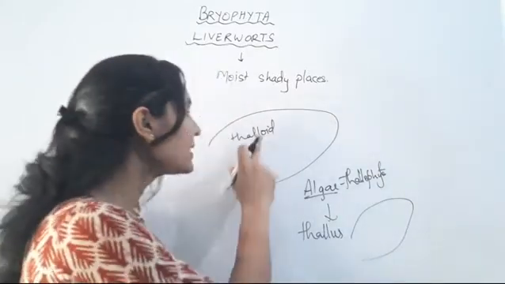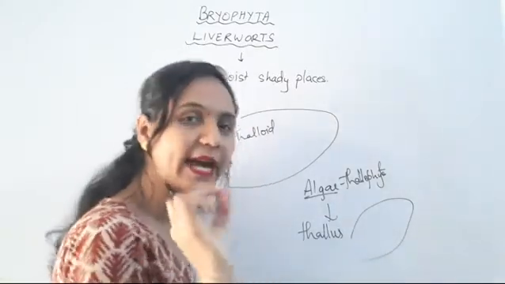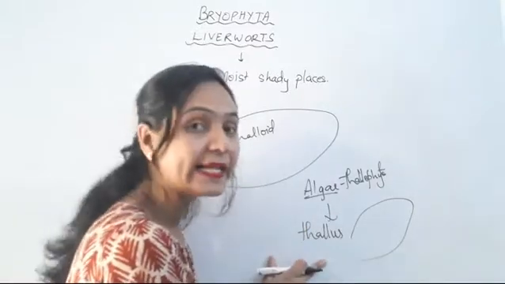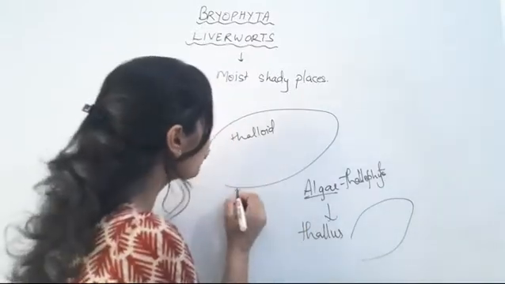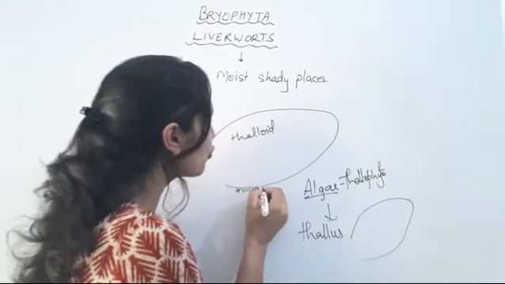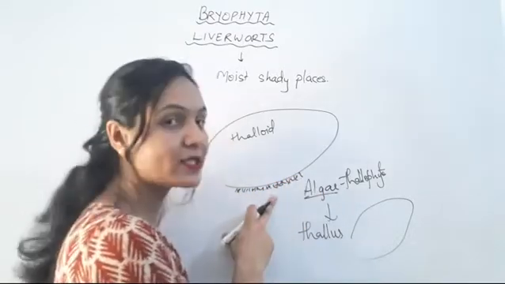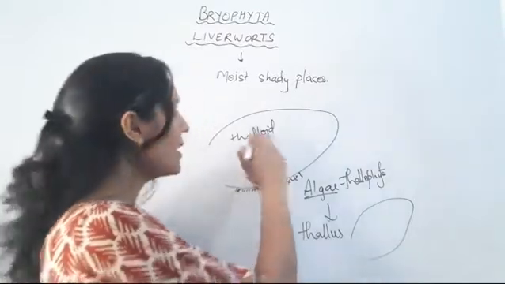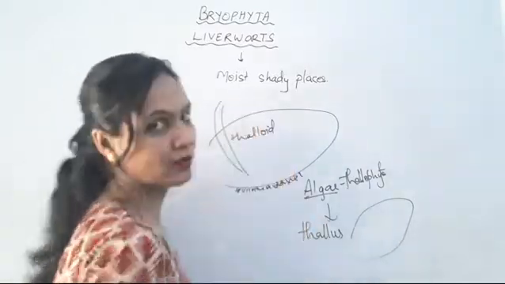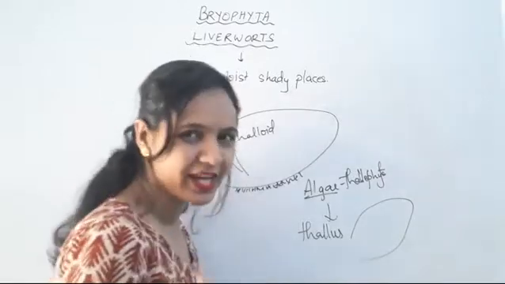Here this thalloid structure is a little bit more advanced than the algae thallus, right? It has a root-like structure which is not a true root. Remember this. So they have a root-like structure, a leaf-like structure, and a stalk-like structure. Clear? Which resembles a stem-like structure.